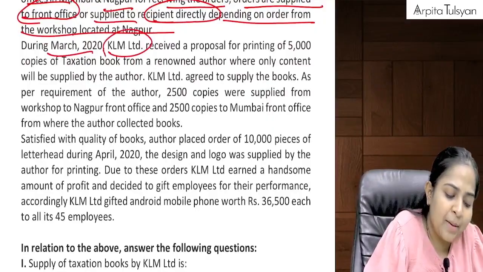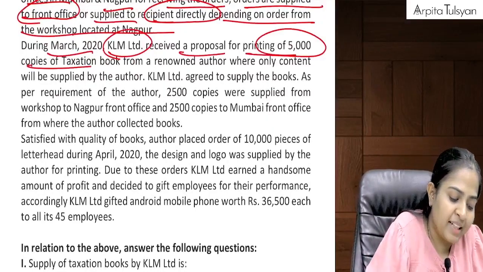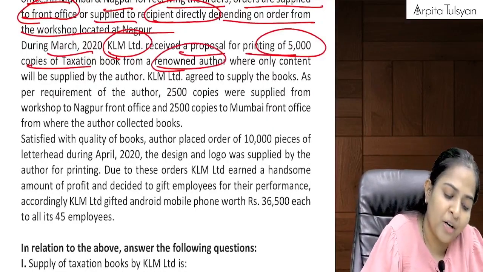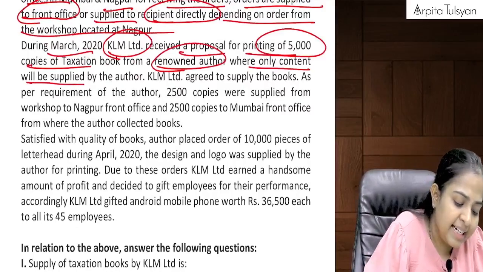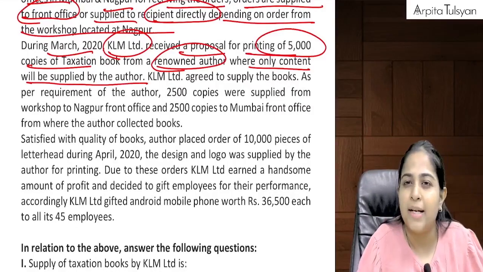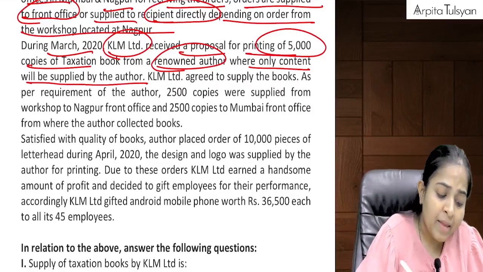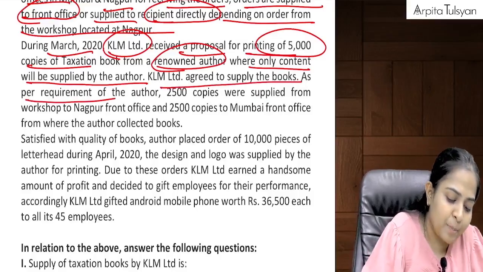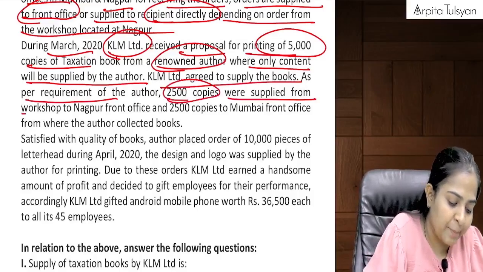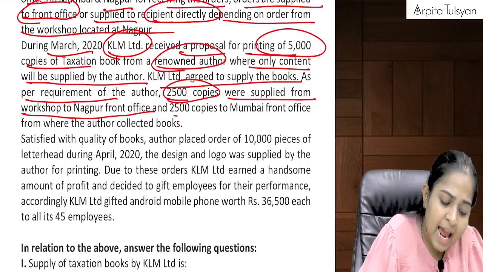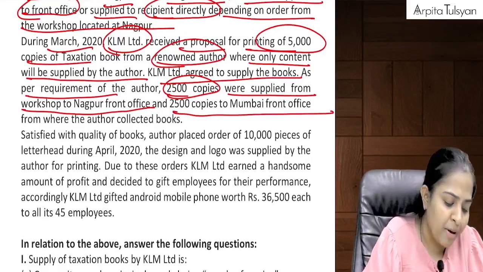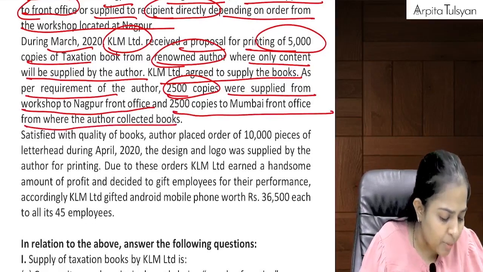During March, KLM Limited received a proposal for printing 5,000 copies of taxation book from a renowned author where only the content will be supplied by the author. So it will be considered as supply of printing services. KLM agreed to supply the books. As per the requirement, 2,500 copies were supplied from workshop to Nagpur front office and 2,500 copies to Mumbai front office, from where the author collected the books.